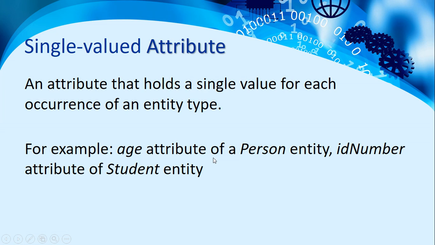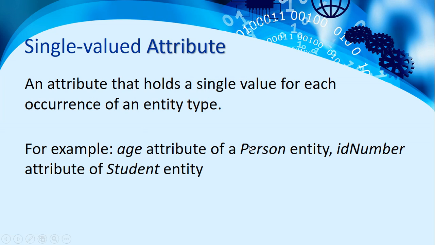So we also have this single valued attribute. So when we say single valued, yung itong attribute na to could only hold a single value. Okay? For each occurrence of an entity type. So, for example, we have age for a person entity.